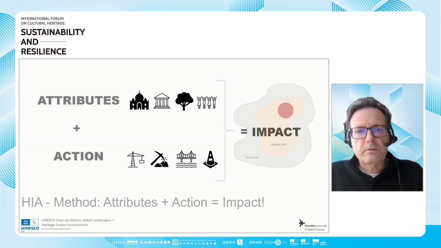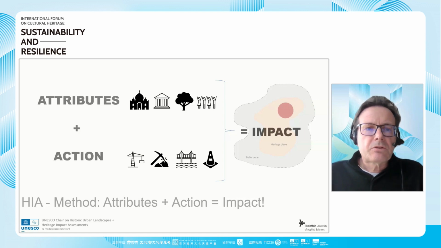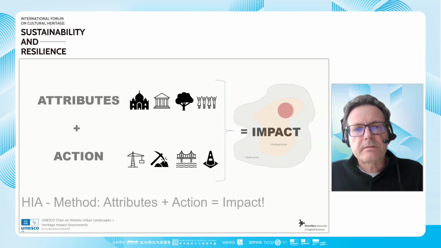And one of those key issues of this manual is that attributes have to be identified which are expressing the outstanding universal value of World Heritage properties. And we also have to identify, of course, actions and how those attributes then finally will be impacted on. This is the key point of any impact assessment.